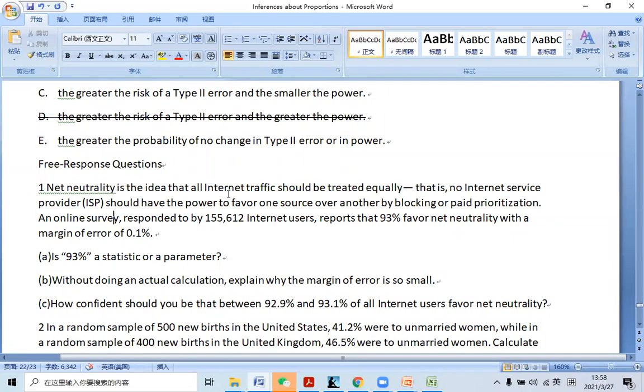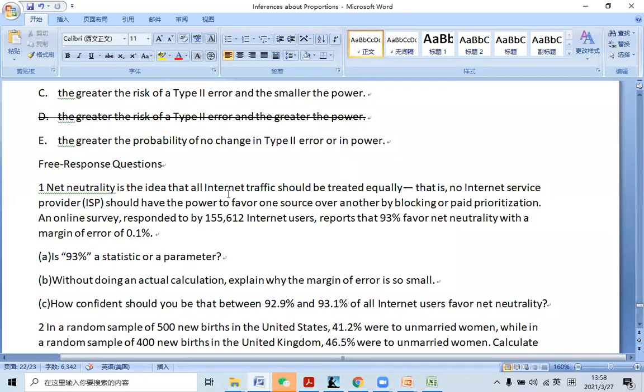In an online survey, basically you have a sample of 155,612 internet users. They report 93% favor net neutrality with a margin of error of 0.1.